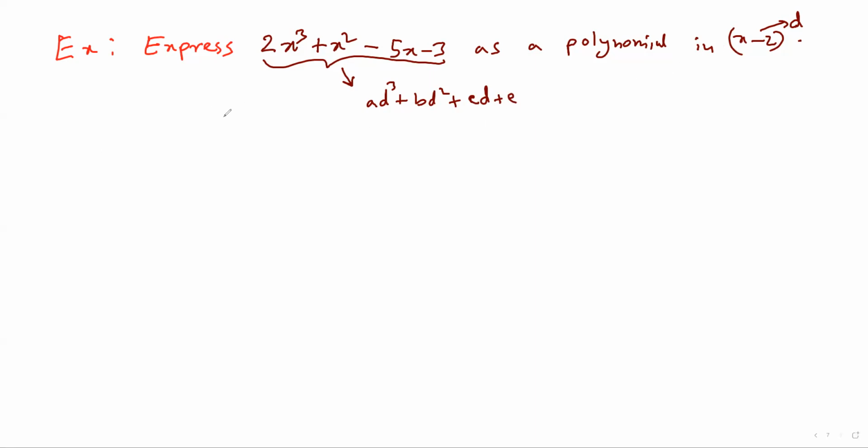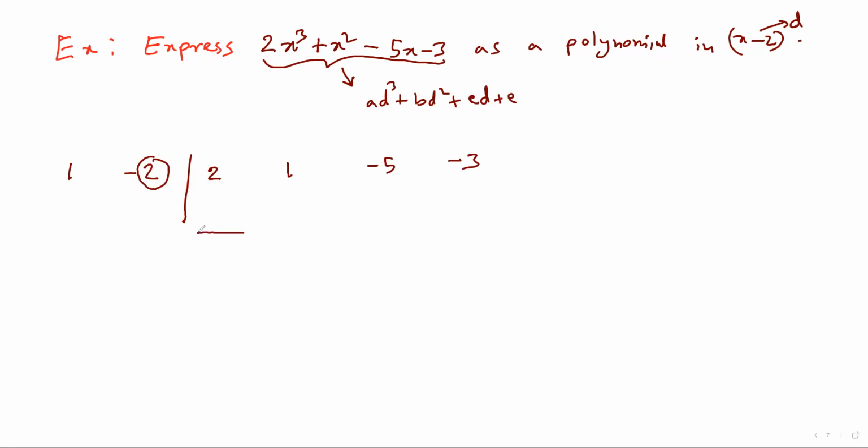So we just follow the process we developed while solving the last problem. We have the expression 2x cubed plus x squared minus 5x minus 3, and we need to divide by x minus 2. So h is just 2.